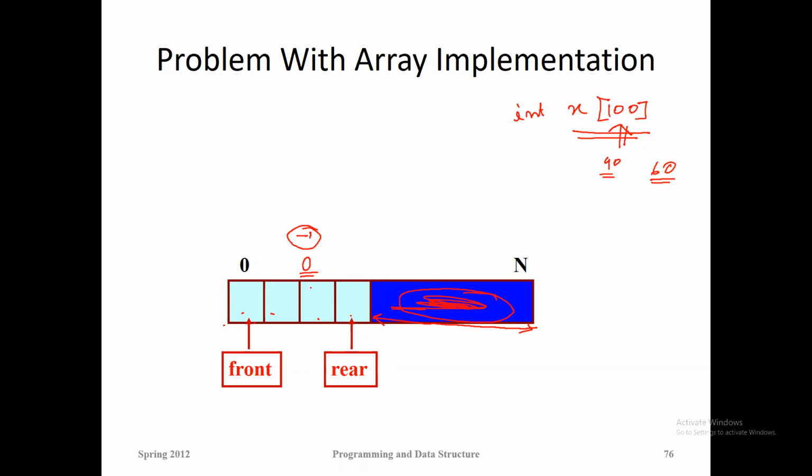The moment we are putting one more element, we are incrementing the rear. So rear will be incrementing to 1, then 2, then 3, 4, 5, one by one, because it's a queue. So we are implementing the queue.